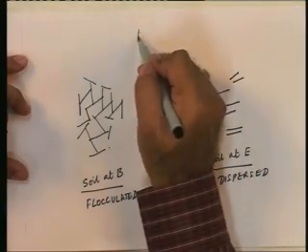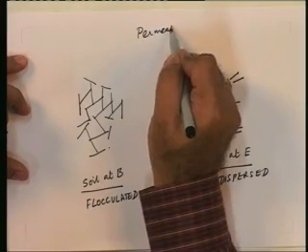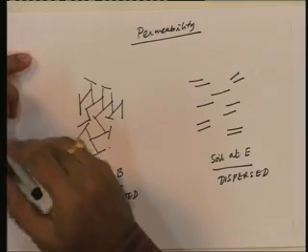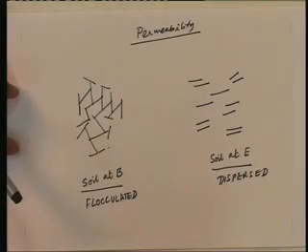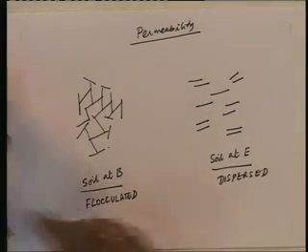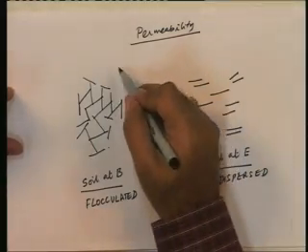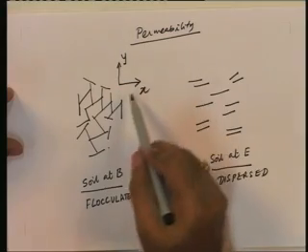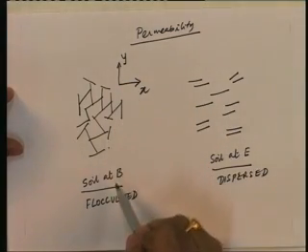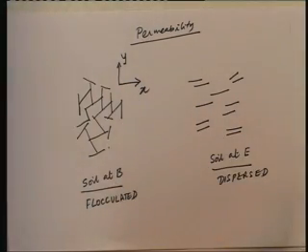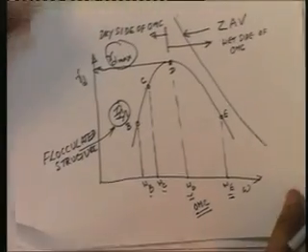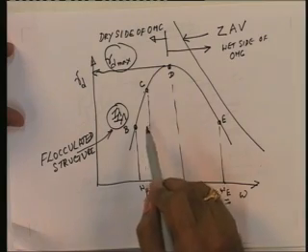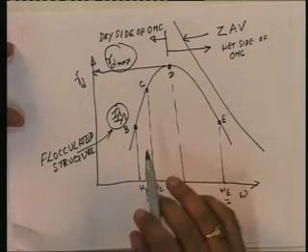Now, we are seeing permeability. Soil at B will exhibit the same permeability in all directions. So, if I put this as x and y, the soil at point B, that is at this point, has identical permeability in both x and y directions.